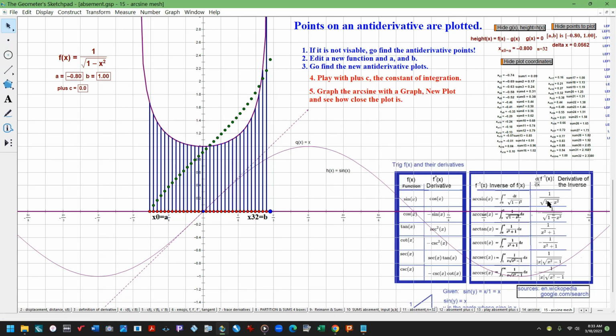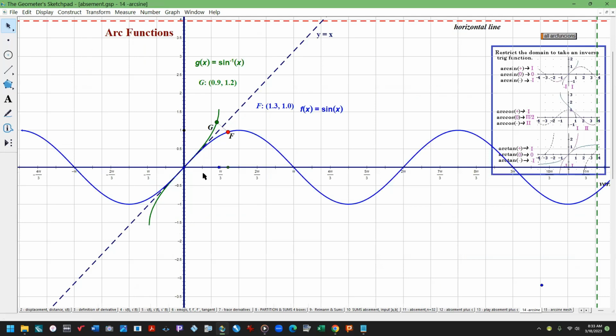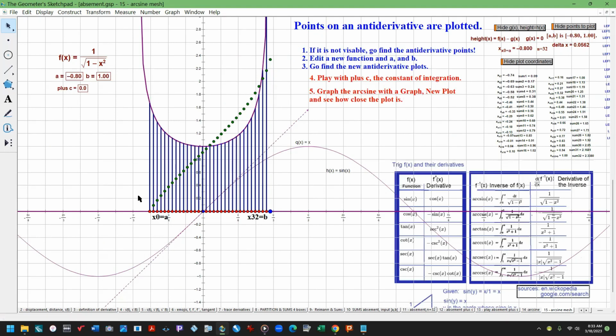But this is the function that's the derivative of the arc function. The derivative of the arc function is the reciprocal of the derivative of the sine function at the reflected point. We go back to here. Doesn't look like it matches. Let's make it match better.